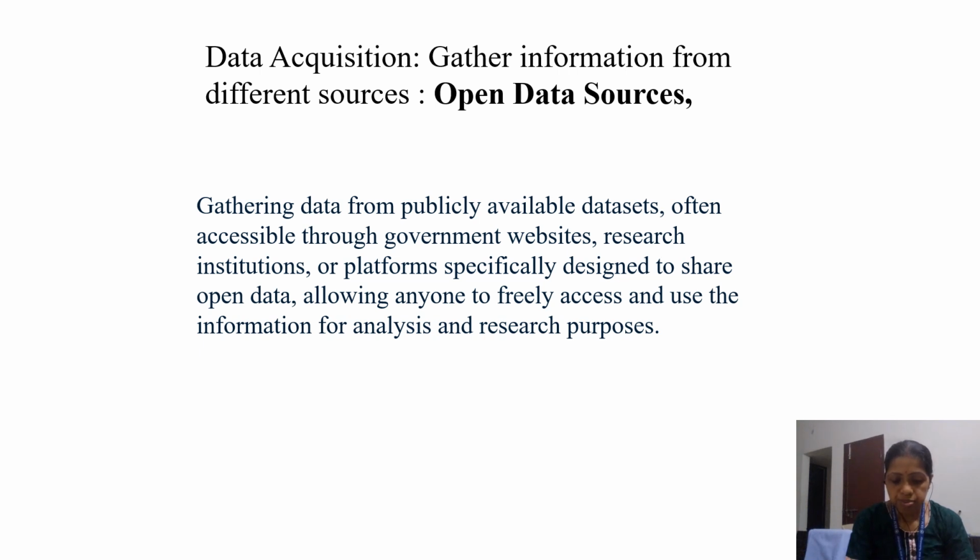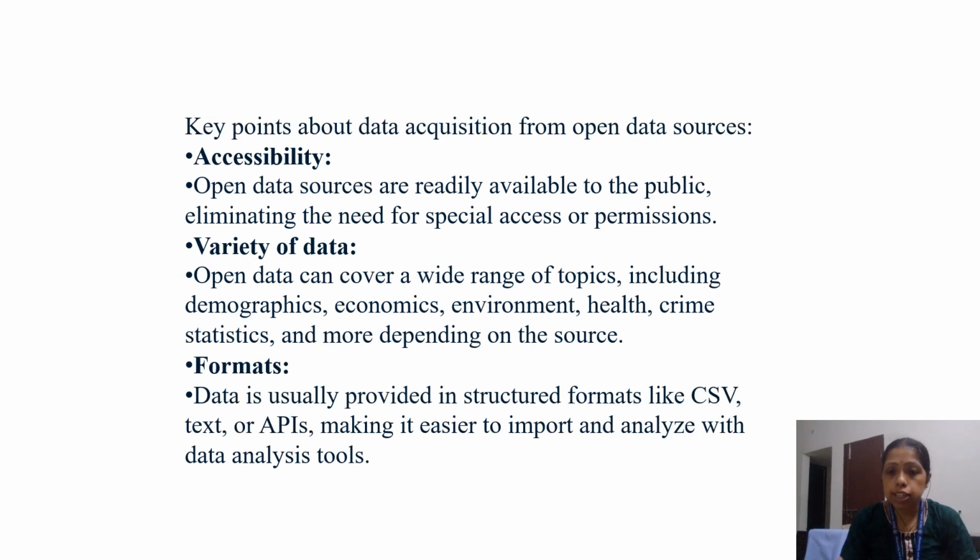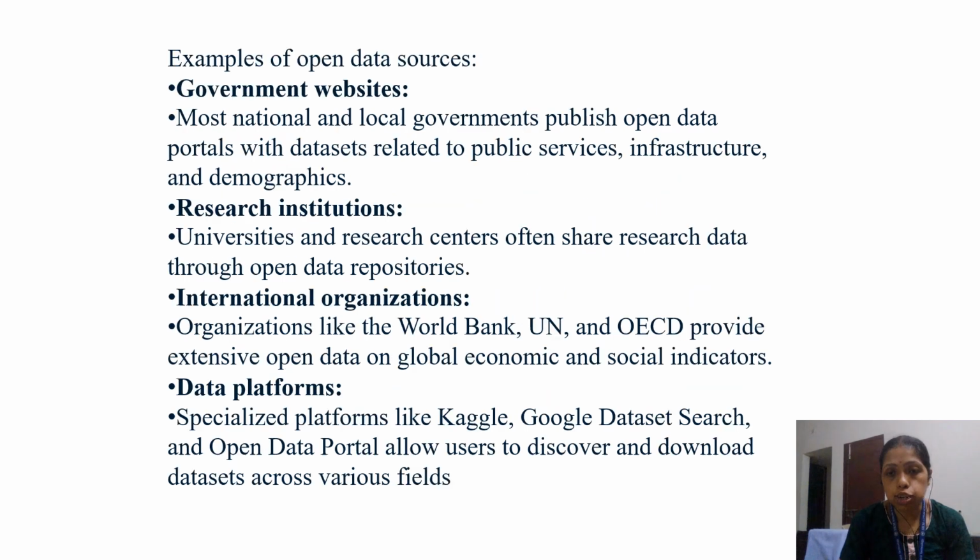This is open data: it's publicly available, and anyone can use the open source Kaggle data, whether in industry or students. For student purposes mainly we go for the open data source. It's easily accessible, it is in structured format, CSV files are available, and a wide variety of data can be obtained from the web.